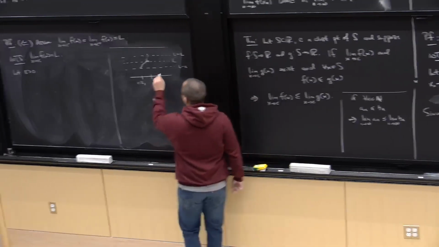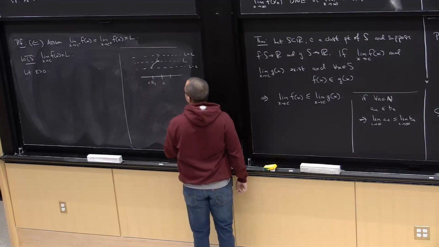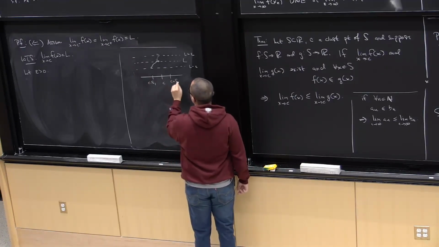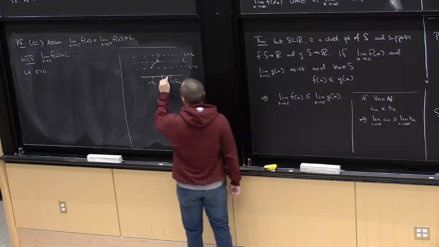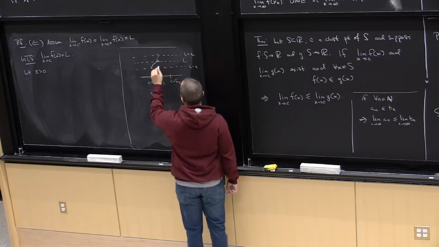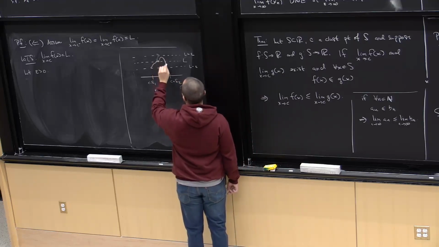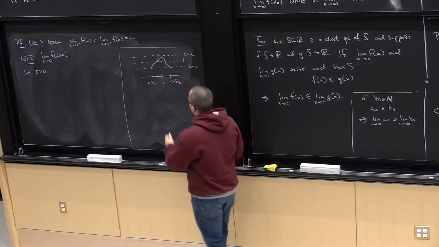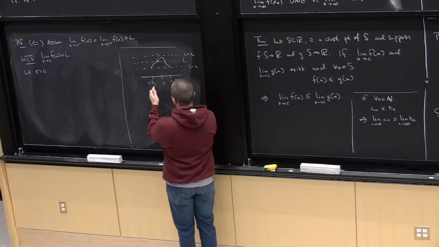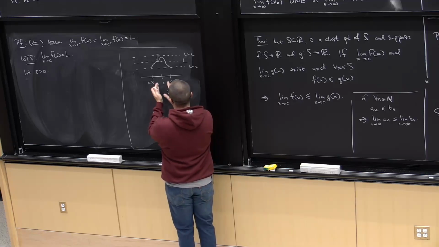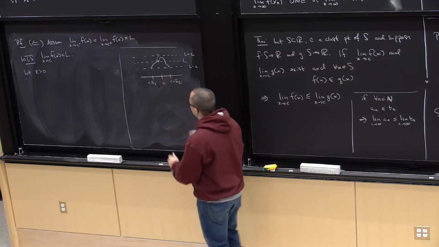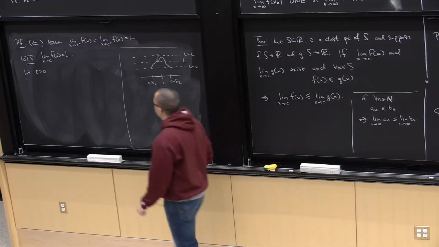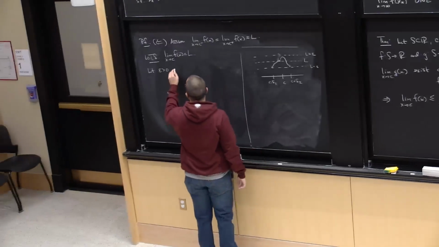And then since the limit as x goes to C from the right equals L, there exists some delta 2, so that if I'm in this interval, then I'll be, again, close to L. But this means that if I choose the smaller of these two, and I look at the whole interval, then f will be close to L on the whole interval, and that's it.